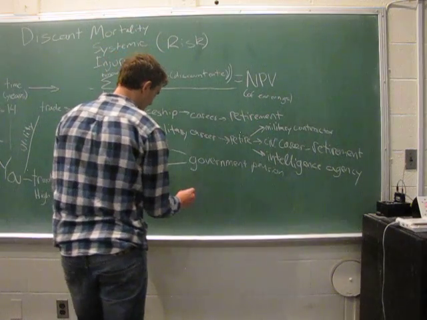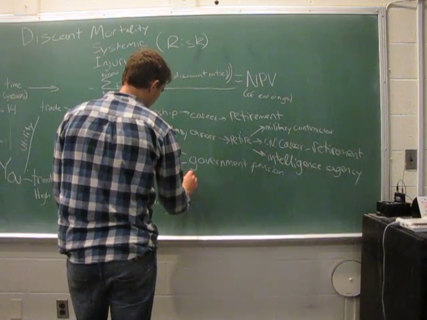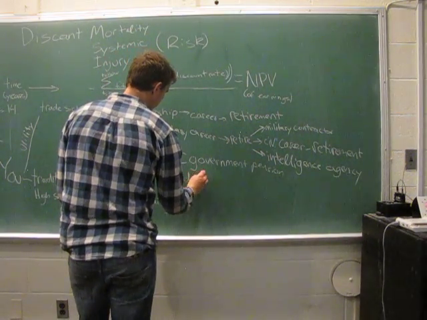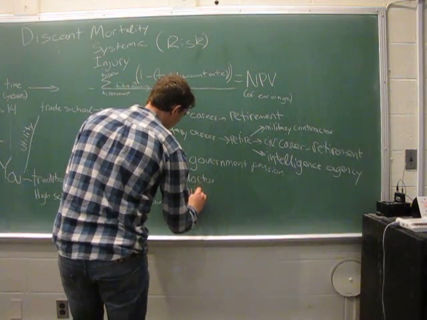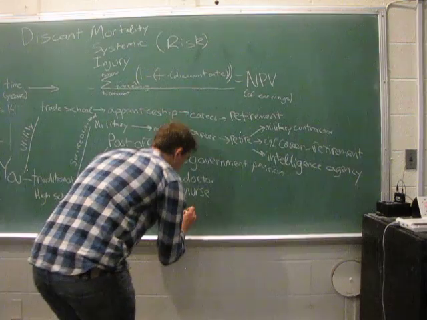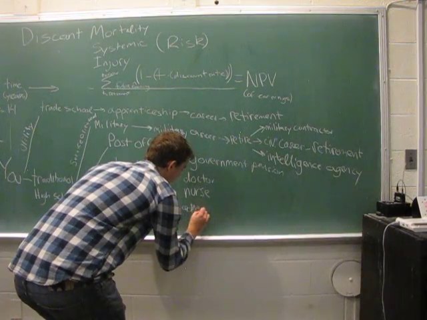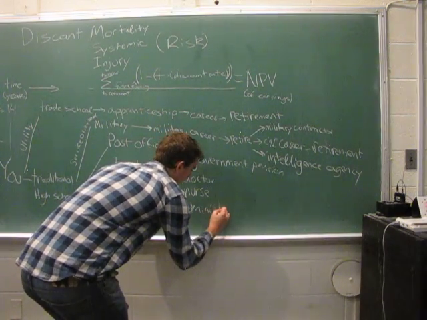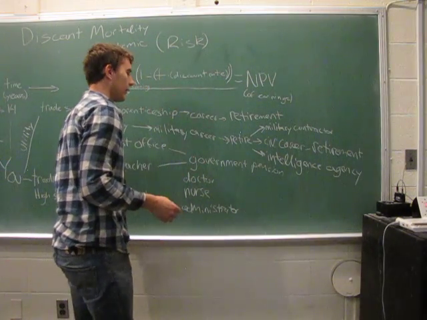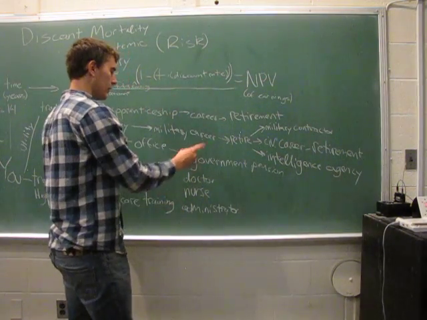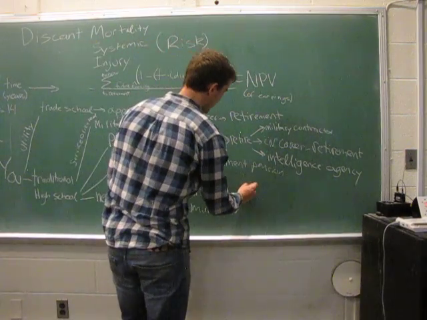You know, that's a pretty desirable choice. You can become a doctor or a nurse. You can become an administrator if you're lucky, or work in some aspect of healthcare. And then again, the ultimate goal is retirement.